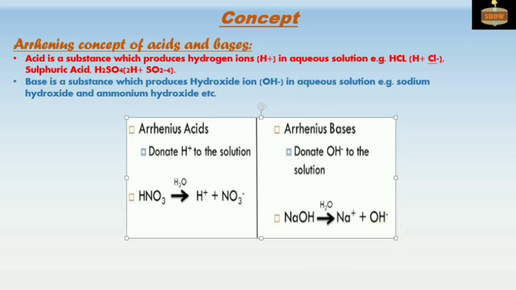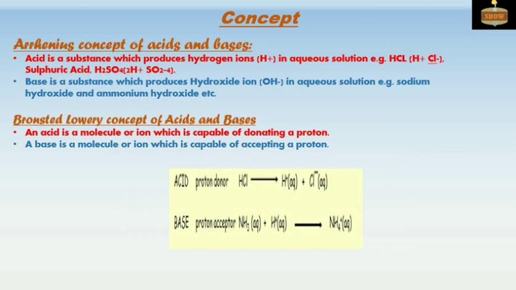But after the Arrhenius concept, there was a new concept which distinguishes acids and bases, the Bronsted-Lowry concept. According to it, an acid is a molecule or ion which is capable of donating a proton. So an acid is a proton donor.